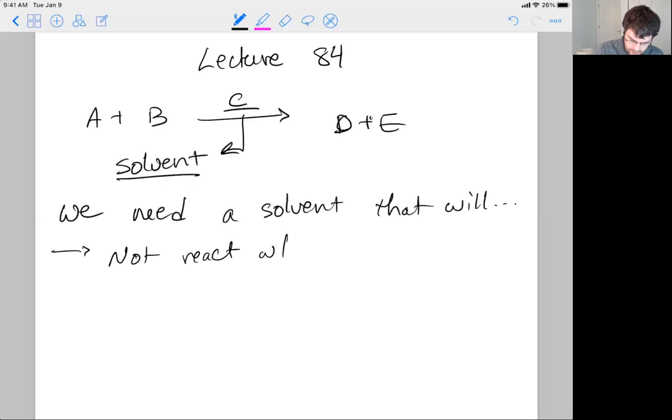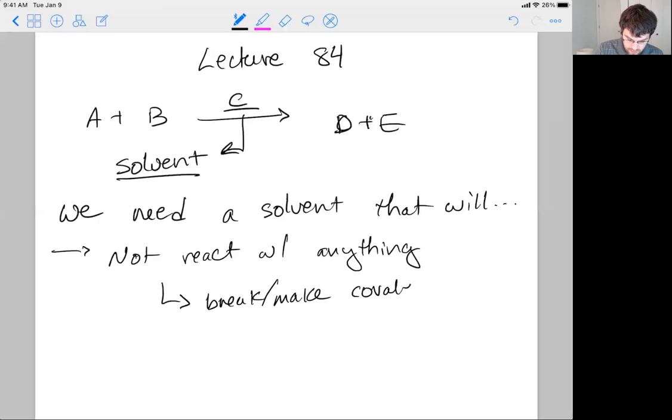with anything. So reactions are things where we make and break covalent bonds. So the solvent, we don't want it to break or make covalent bonds. If it's doing this, then it will be a reactant in the reaction.